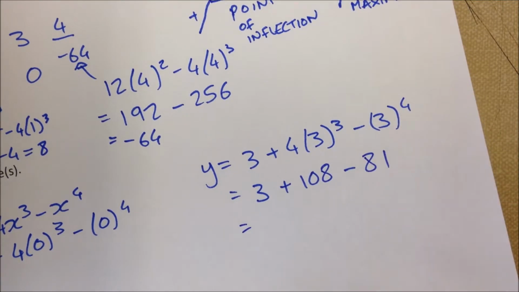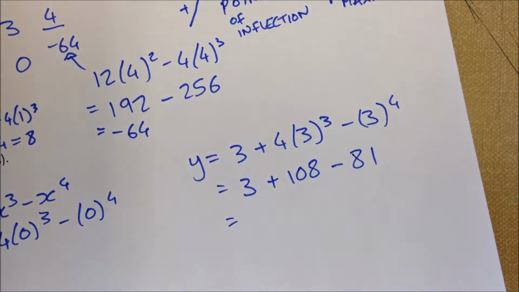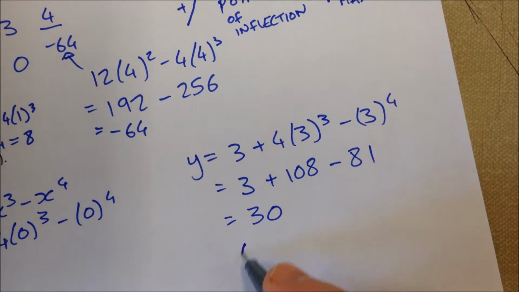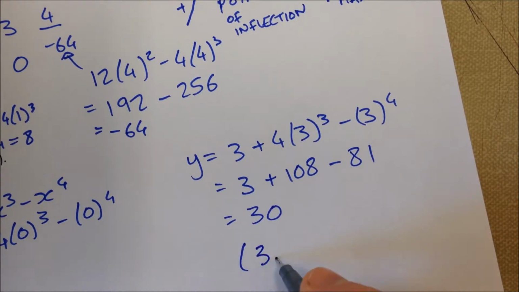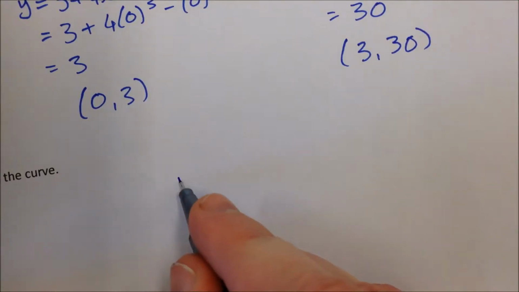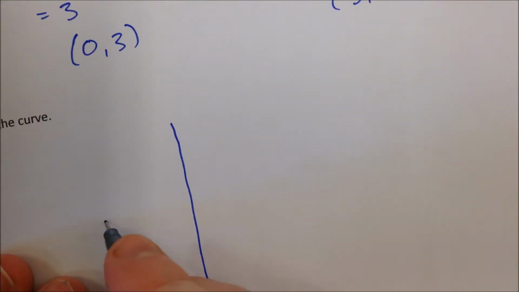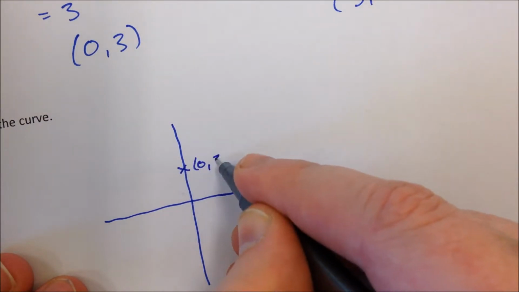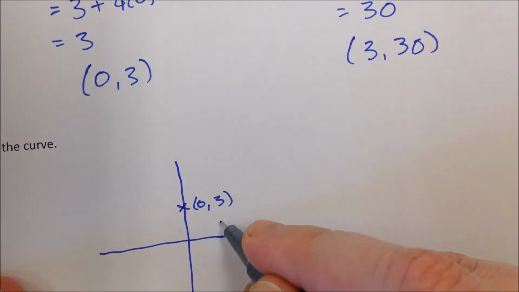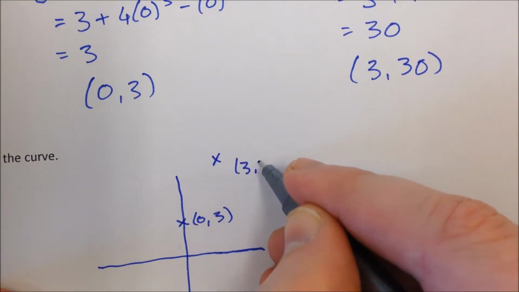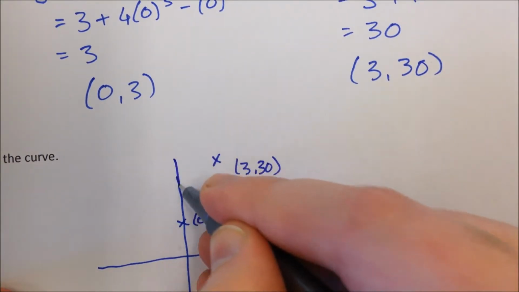So that is 111 take away 81, that is 30. So we've got (3, 30). So for your graph, those two coordinates, (0, 3) and (3, 30), that's where all the stuff happens.